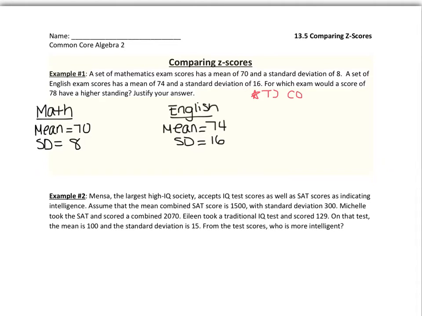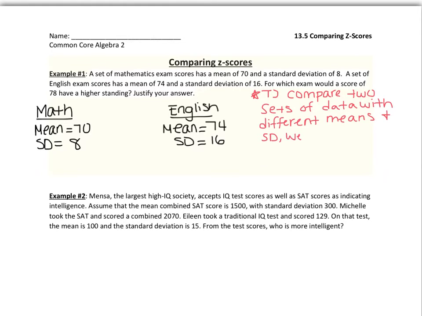To compare two sets of data with different means and standard deviations, we must normalize the data. So again, to compare two sets of data with different means and standard deviations, we must normalize the data.